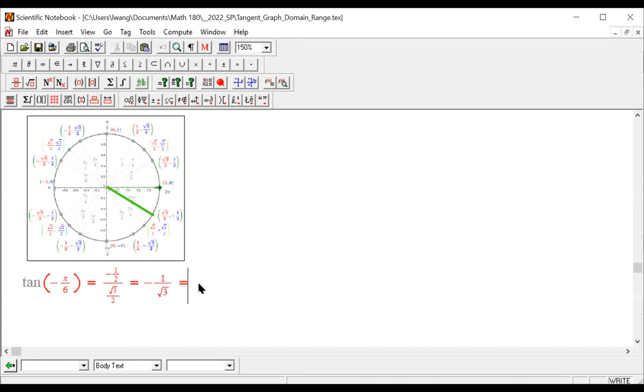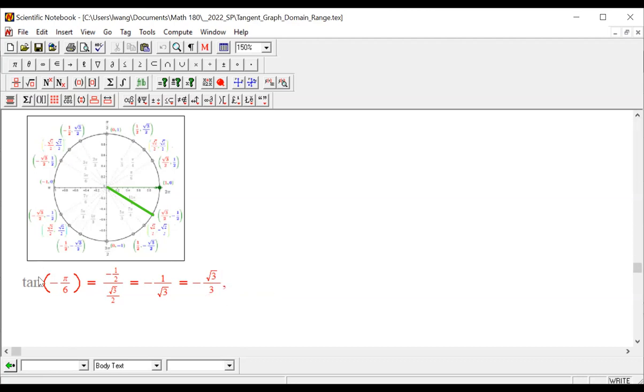Rationalize it, you already know how to do it. That's going to be negative √3 over 3. What will that point be, you think?